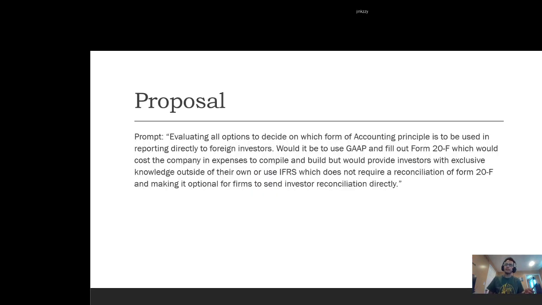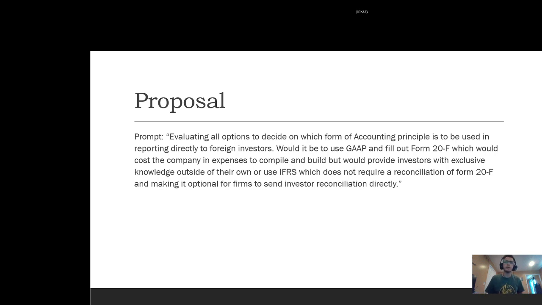The proposal that I decided to do was evaluating all the options to decide which form of accounting principles should be used in reporting directly to foreign investors. Would it be GAAP, filling out the Form 20-F, which would reconcile for the investors but would cost the company in expenses to compile and build, though it would provide investors with exclusive knowledge outside of their own?